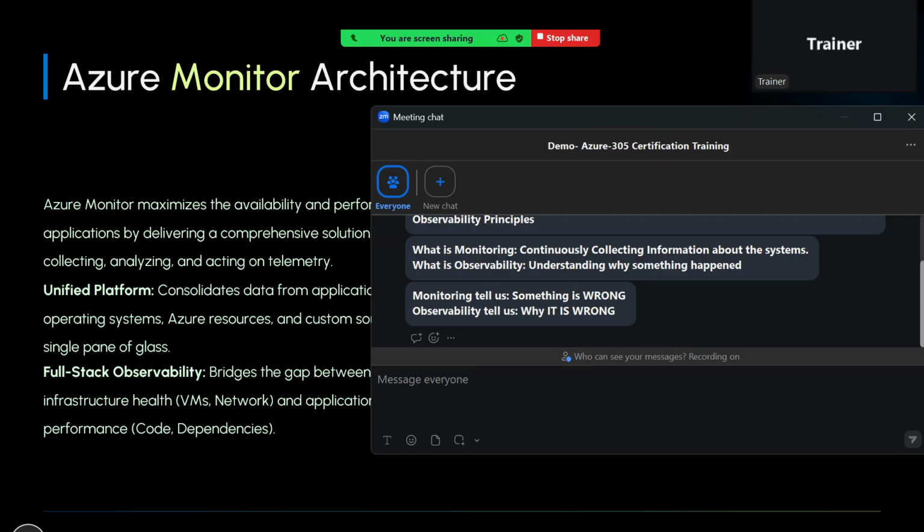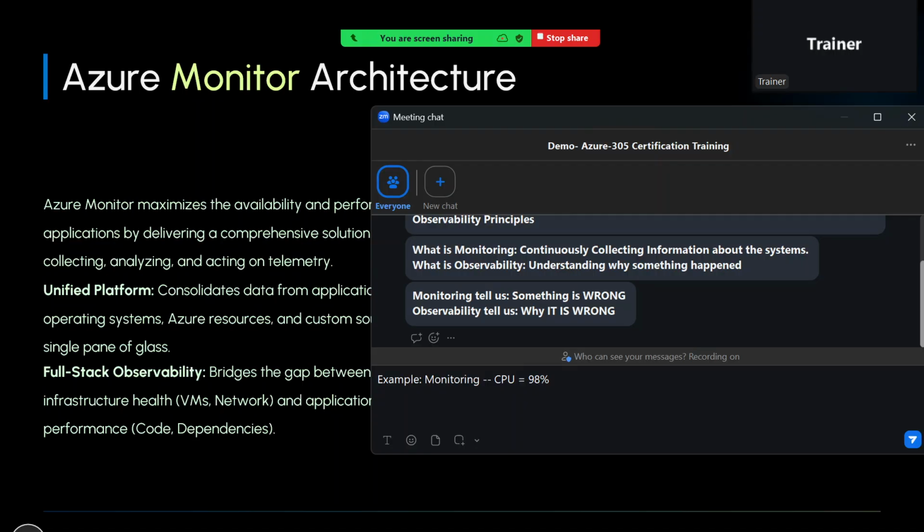For example, with monitoring, CPU is at 98%.